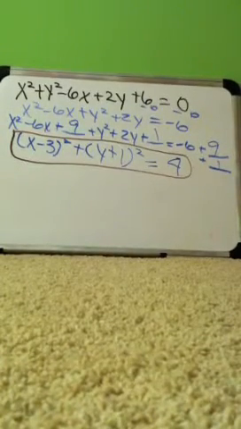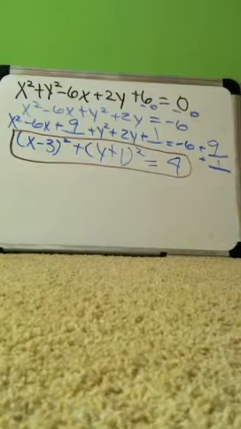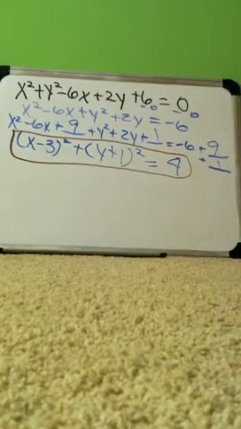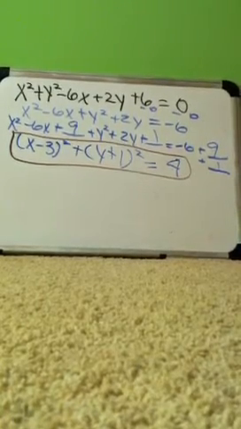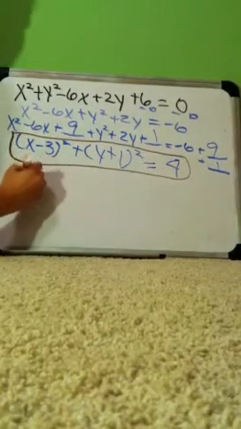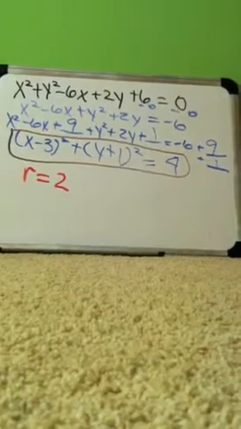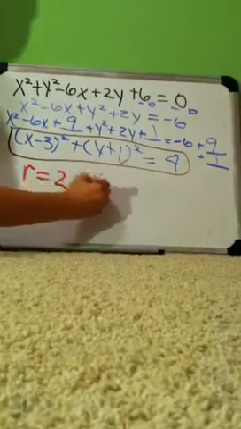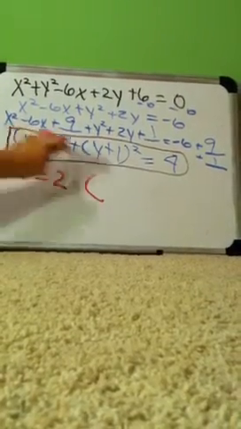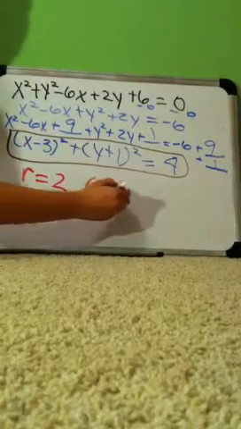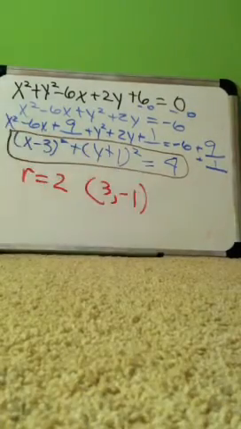And if we were asked to name the radius, you should know that the radius squared is what is in our equation. So the radius would equal 2 because 2 squared is 4. And our center point would be, take our x, 3, negative 1. And that is our answer.